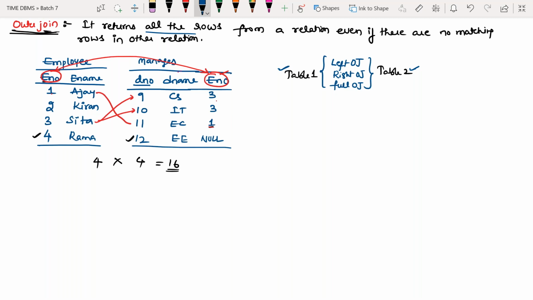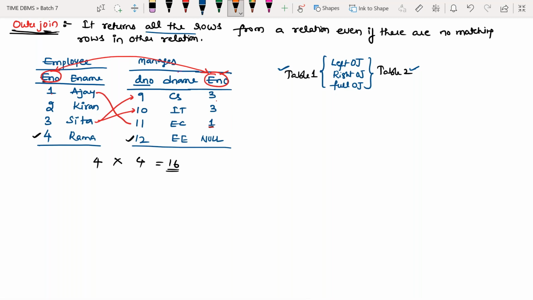So outer join is classified into three types: left outer, right outer, and full outer, depending on which side table data you want in the output.